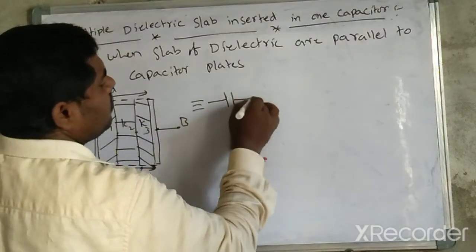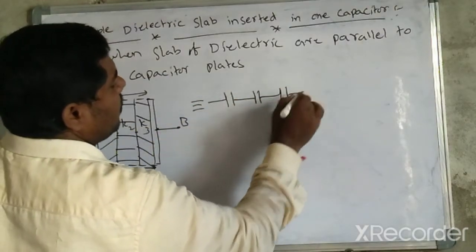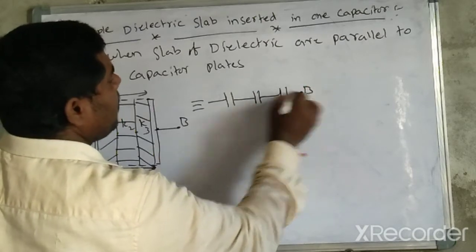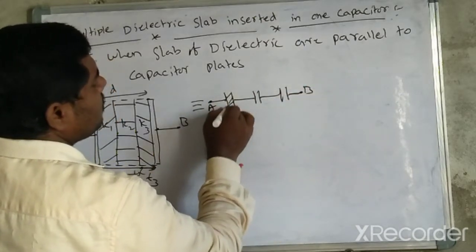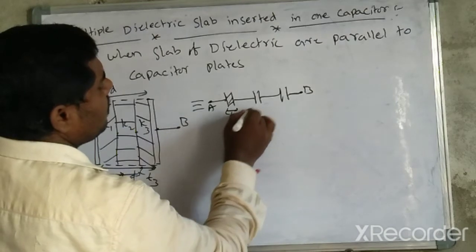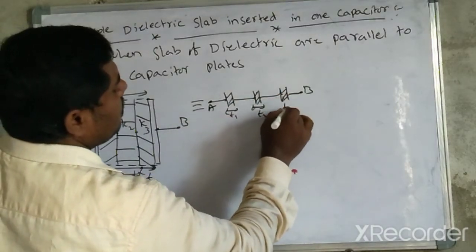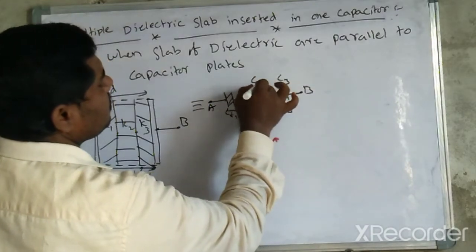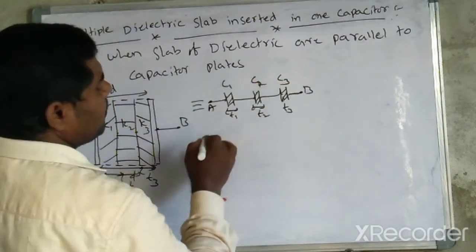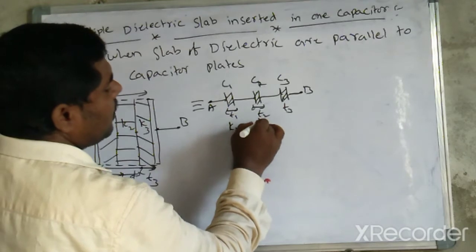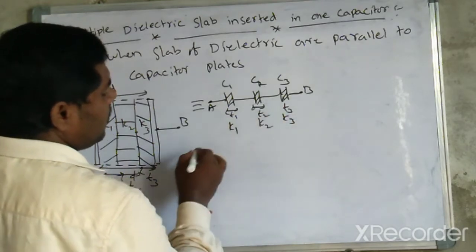This is the first one, second one, third one. This point is B, this point is A, with thicknesses T1, T2, T3. Here the C3 capacitor, C2 capacitor, C1 capacitor, with dielectrics K1, K2, K3.